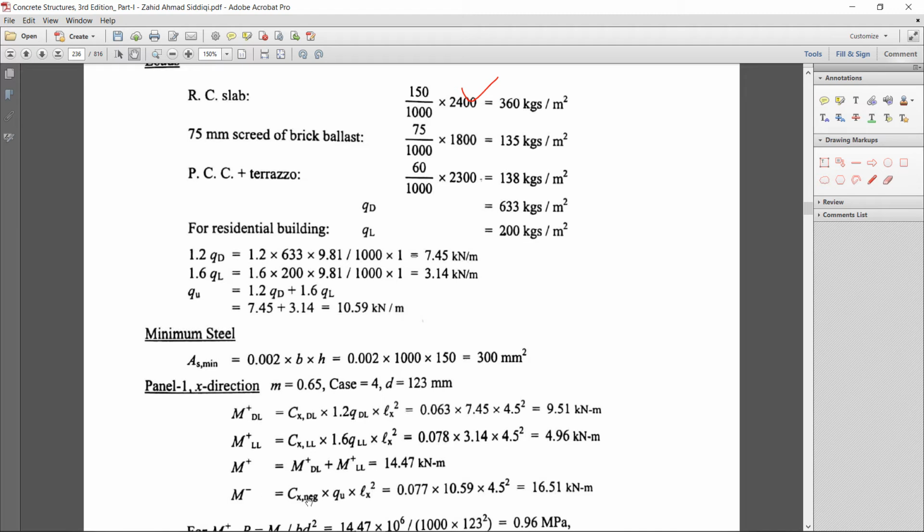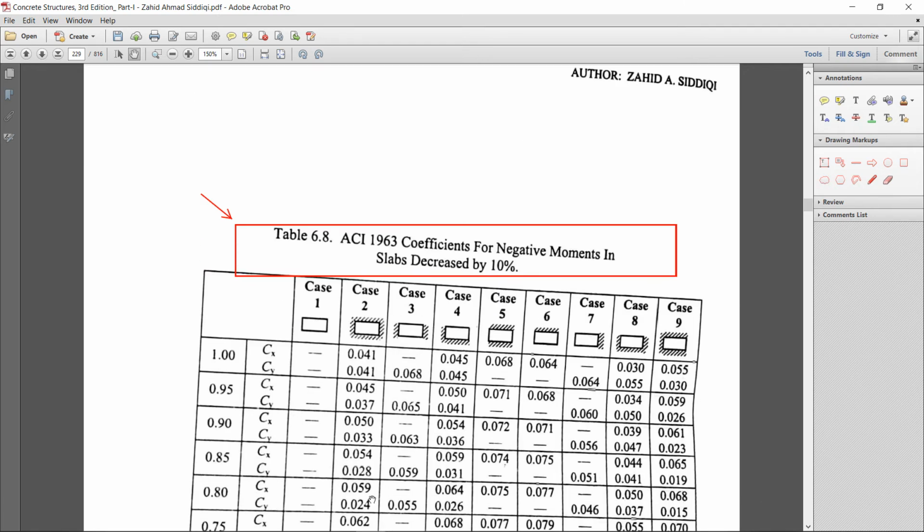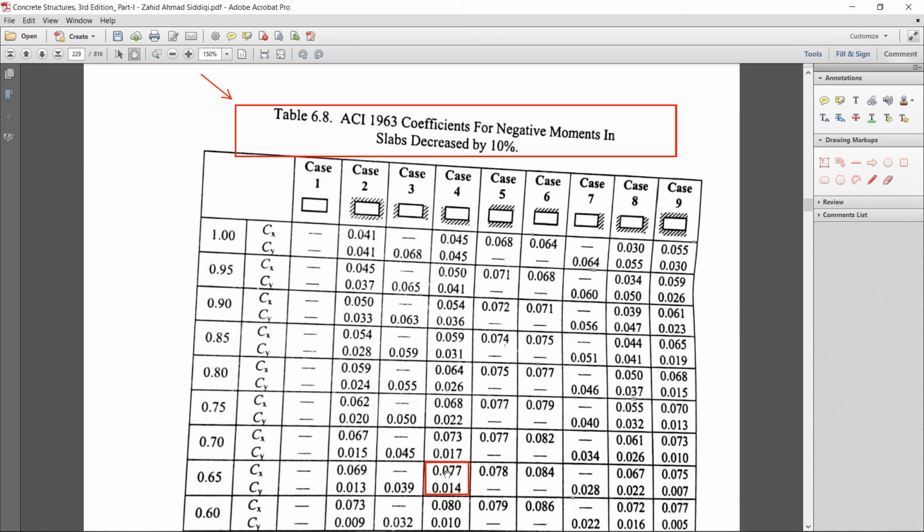Now we will see the negative moment. We have negative moment for the combined load, not for the separate load. As I have discussed, we have the negative moment coefficient for the total load, so that's why it is qu 10.59. Now I will go for the negative moment coefficient for 0.65, that is 0.077.